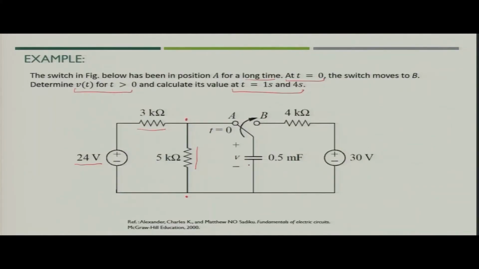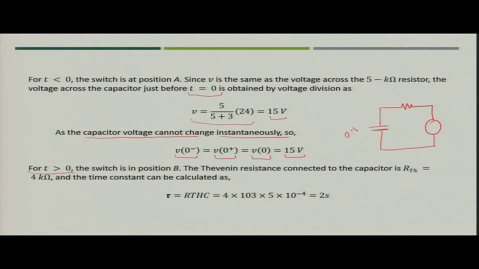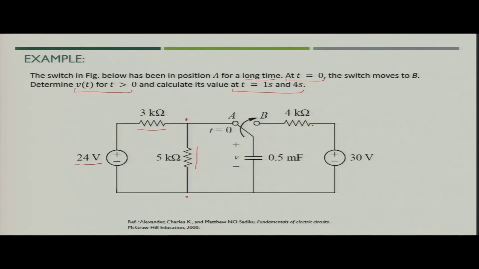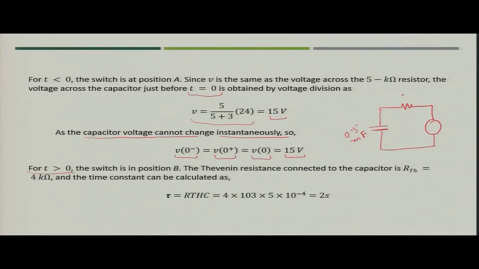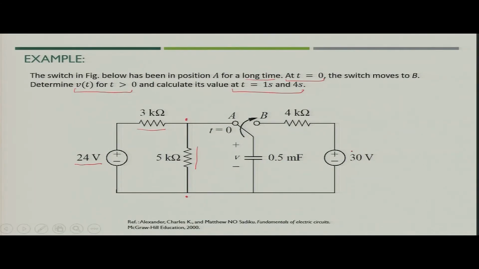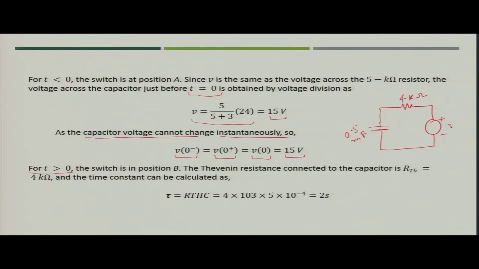The value of the capacitor is 0.5 millifarad, the resistance is 4 kilo ohm, and the voltage source is 30 volt. So, this would be the condition when the switch is thrown from A to B.